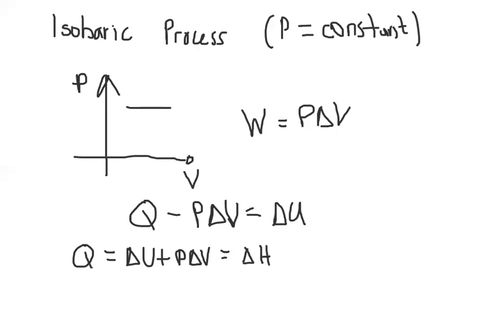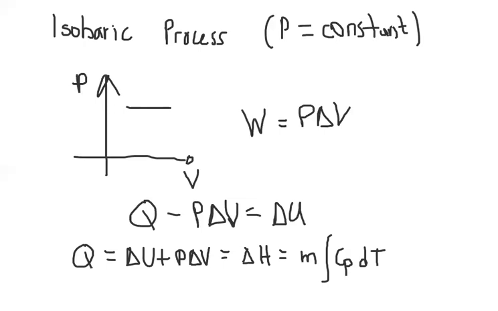Now, U plus P delta V is going to be equal to the enthalpy. We're going to be defining this as the enthalpy, and it is going to be equal to mass times the integral of Cp, which is the heat capacity at constant pressure, dT. Cp is also a function of temperature, and enthalpy is going to be also a state function, which will mean that it only depends on the final and initial state.